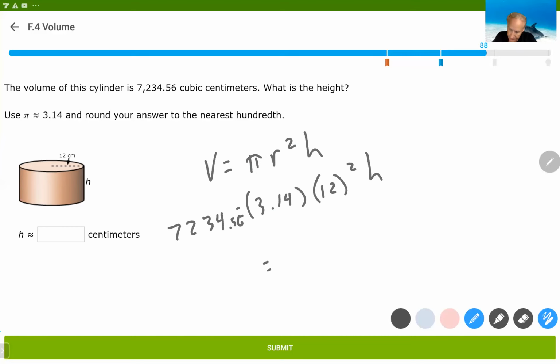Okay, so 34 divided by 3. And we've got 48. So 7234.56 divided by 8. I'm going to check this again, 3.14.